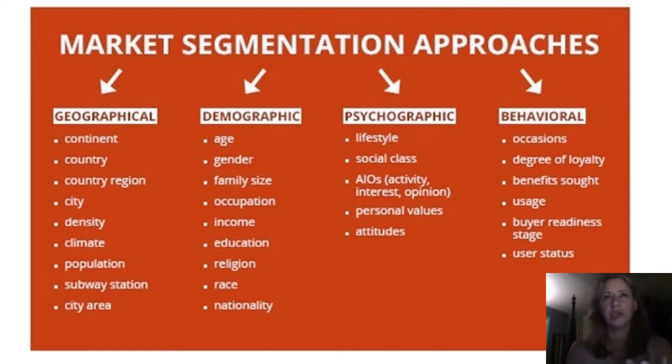You look at age, and if you're wanting to sell kids' cereal, your commercials might be focused on the children. Product placement is focused on the children, but at the same time, it's the parents that actually make the purchase. So it can get a little tricky when you get into those different types of segmentation strategies. You also look at their occupation, income, education level, religion, race, and nationality. All these things play some kind of a role in helping you define that Mona Lisa customer.